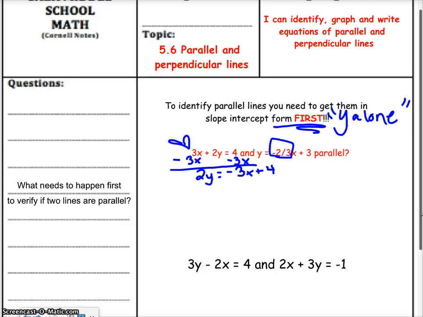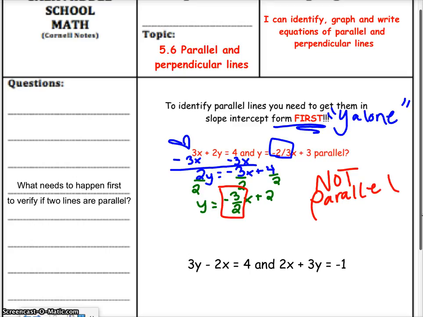Divide by 2. Y equals negative 3/2x plus 2. Box off my slope. Are they the same or different? Different. So not parallel. So you have to use your algebra to get y alone.